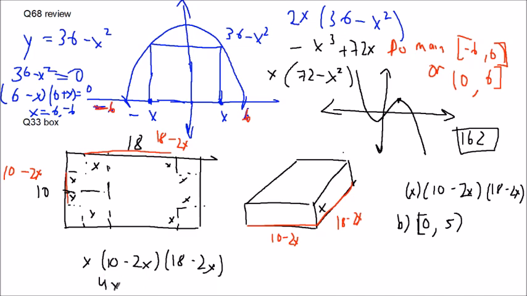We'll have 4x to the third power, minus 56x squared, plus 180x, and then we can do some magic to get 12x squared minus 112x plus 180 is equal to 0.